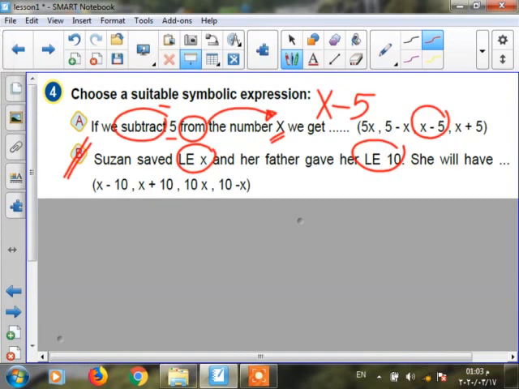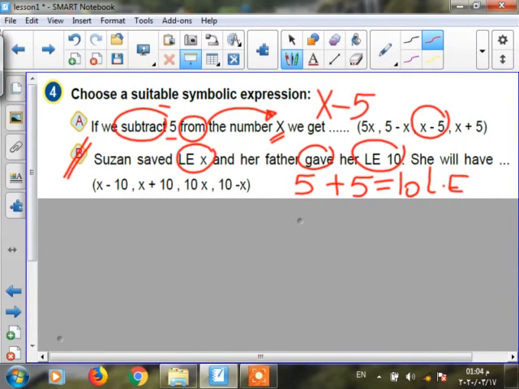Now, if you have 5 pounds and your father gave you another 5 pounds, the total will be 5 plus 5 equals 10 LE.